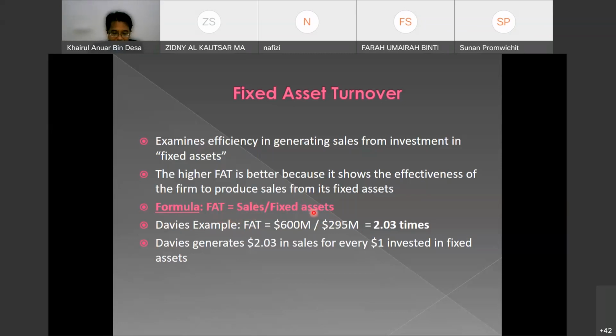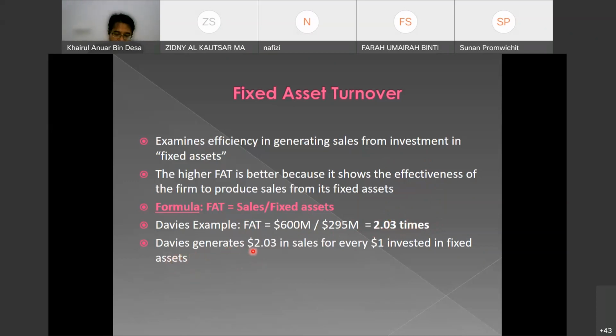Sales over fixed asset. Sales or revenue here is 600 and our fixed asset 295. Okay. Figure ini semua ada dalam contoh yang telah diberikan dalam slide. So the result is 2.03 times. How to translate 2.03 times?